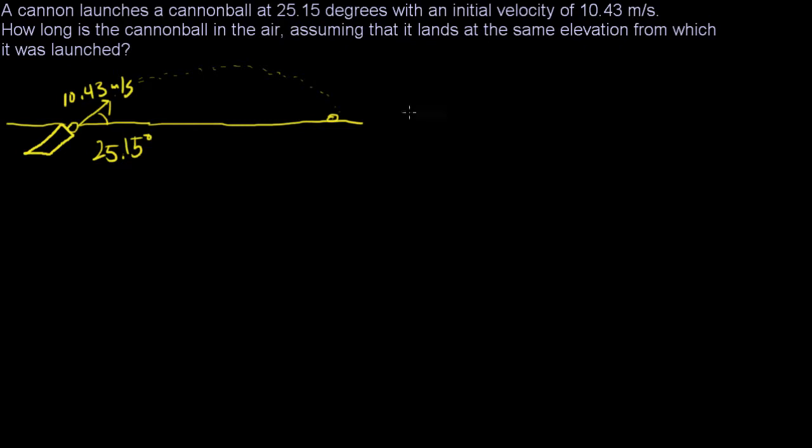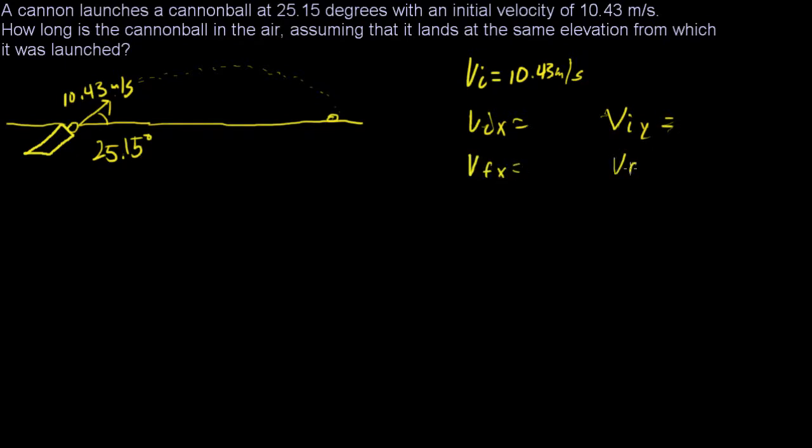So, we have a VI. VI is 10.43 meters per second. Now, since this is a two-dimensional problem, we're going to have a VIX. We're going to have a VIY. We could possibly have a VFX.